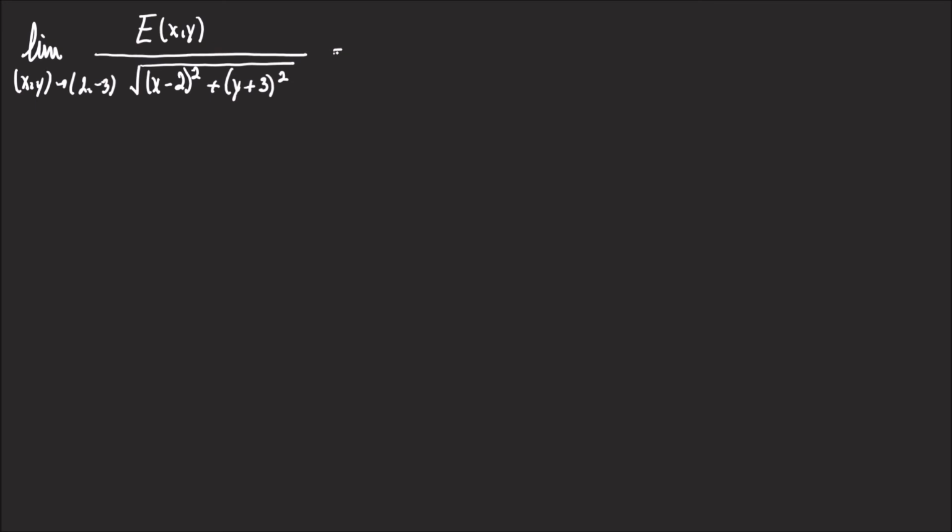So this equals the limit as (x, y) approaches (2, negative 3) of 2x squared minus 8x plus 8 all over the square root of (x minus 2) squared plus (y plus 3) squared.